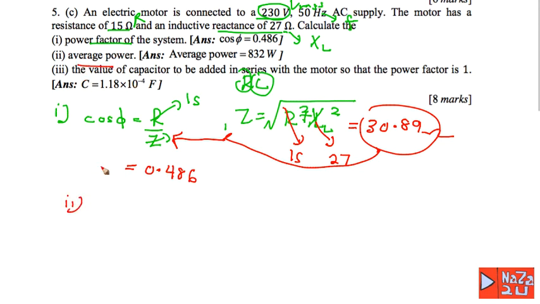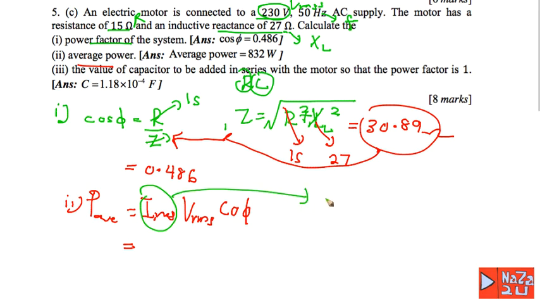Number 2, average power. For average power, you can use the equation P average is equal to I RMS times V RMS times the power factor. So what is I RMS? If you look at the information here, you don't have the value of I, so first you must find the value of I RMS.